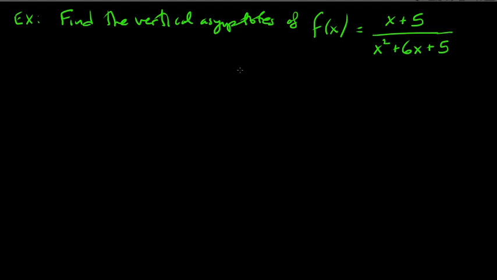Yeah, you did this in pre-calc. So it's a good review. And what did you do? Well, remember in pre-calc, to find a vertical asymptote, right, you set the denominator equal to 0 and solve for x.